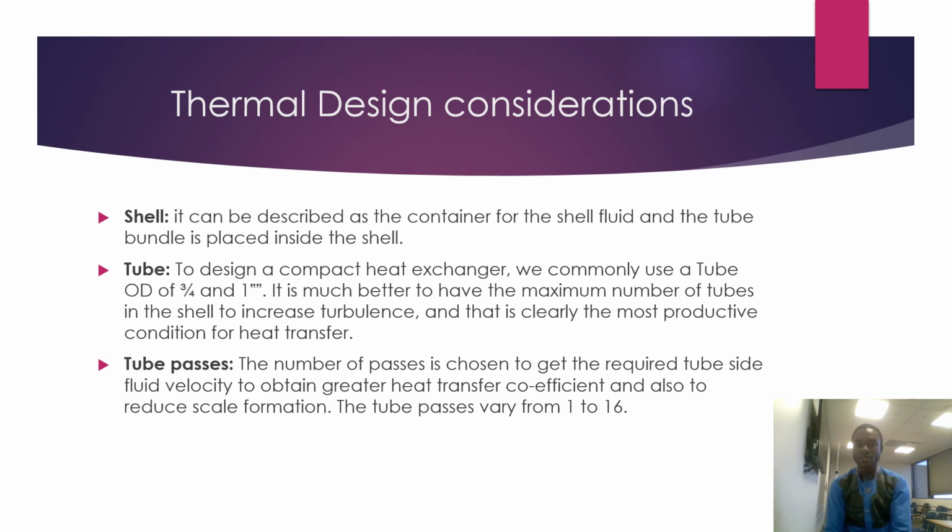The second one is the tube, which is designed as a compact heat exchanger, and the dimensions we use for that one are 3/4 and 1 inch. The tube passes. Basically, the number of tube passes is chosen to get the required tube side fluid velocity to obtain a great heat transfer coefficient, and also reduce the scale formation.